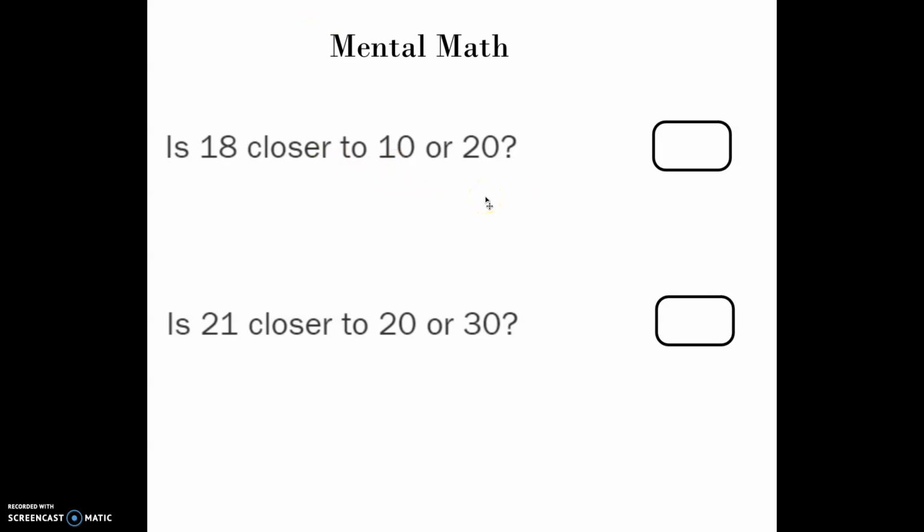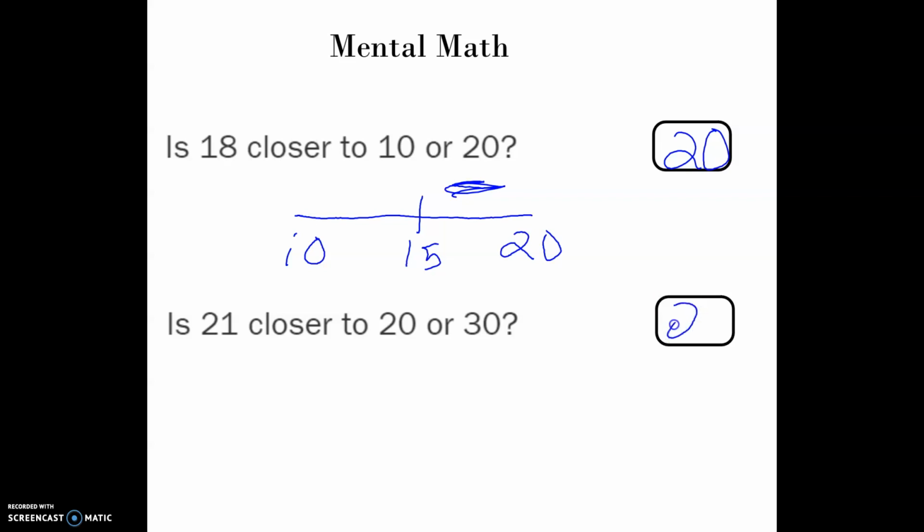Now, I know this is mental math, but I've got a number line, and I'm going to start it with 10 and put 20 on the other side. 15 is in the middle. Well, 18 would go over here somewhere, so it's closer to 20. So that's the way that you can think about it. 21, is it closer to 20 or 30? It's between 20 and 30, but 21 is closer to 20.